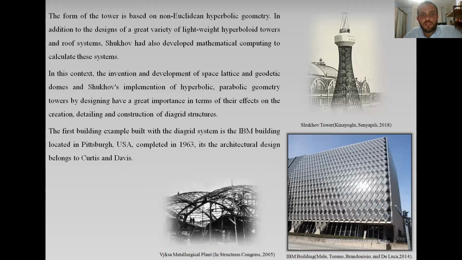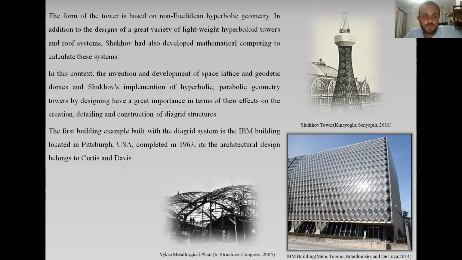Shukov had also developed mathematical computing to calculate these systems. In this context, the invention and development of space lattice and geodesic domes and Shukov's implementation of hyperbolic parabolic geometry in towers have great importance in terms of their effects on the creation, detailing, and construction of diagrid structures.